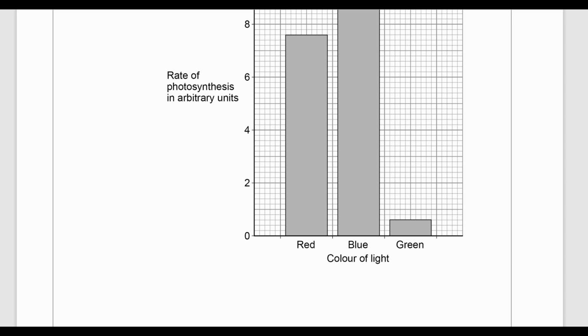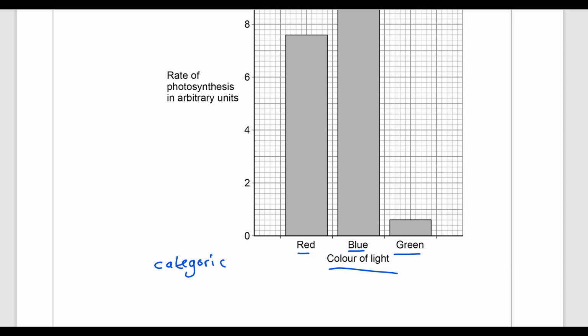So from the students' results, you can see that they have got 3 different colors of light and the rate of photosynthesis is measured. But the red, blue, and green are separate. They're in different categories.